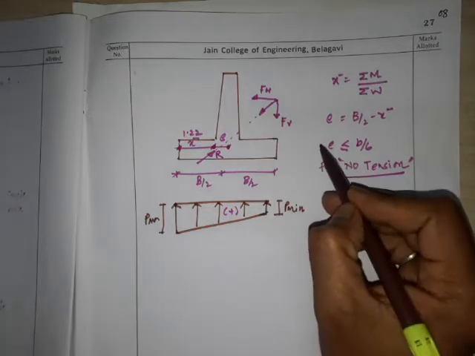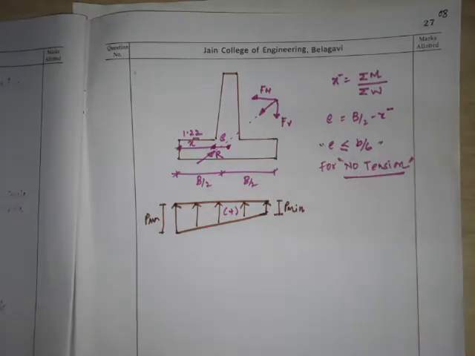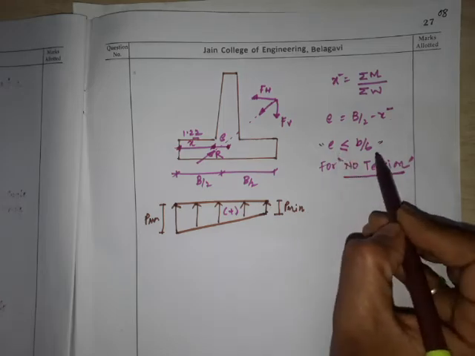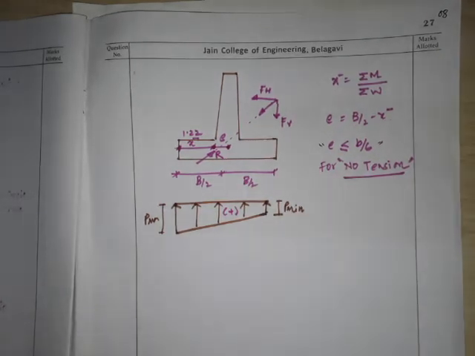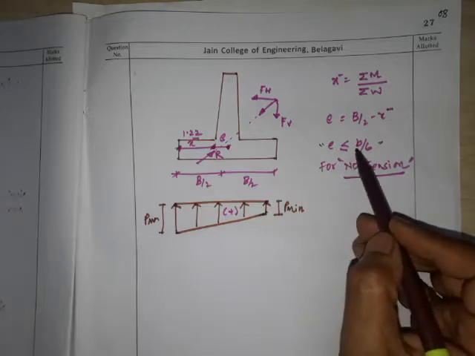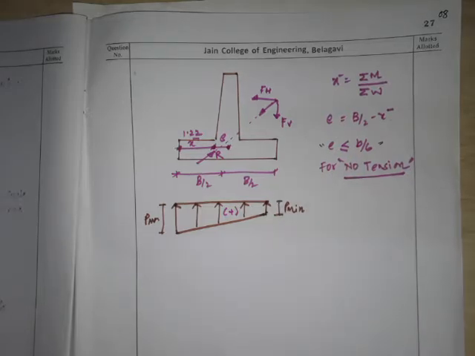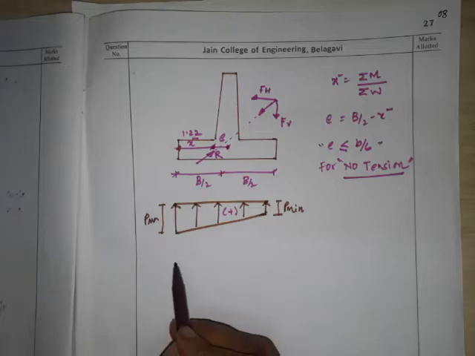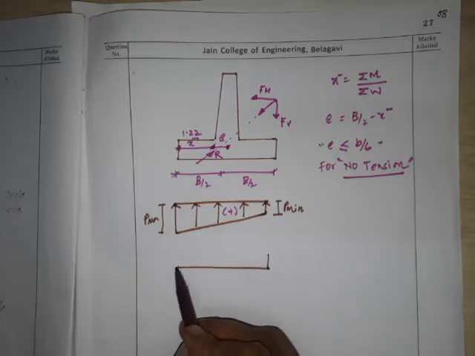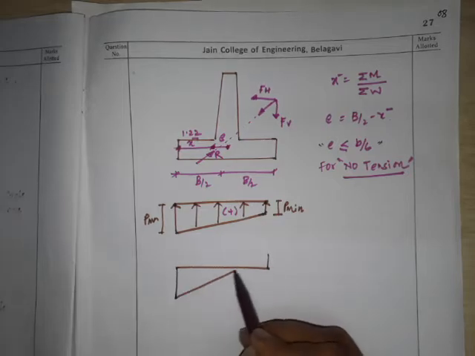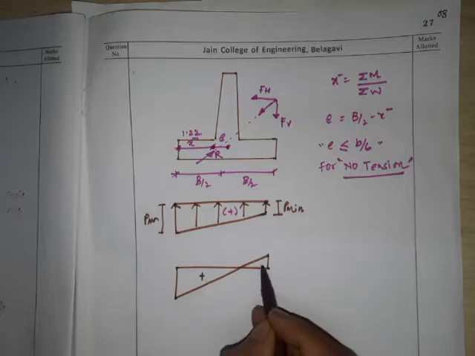But suppose this condition does not satisfy, if E is not less than B by 6, we get this type of upward pressure. If this condition does not satisfy, then we get the pressure distribution. The possibility will be like this. So this is positive and this is negative.